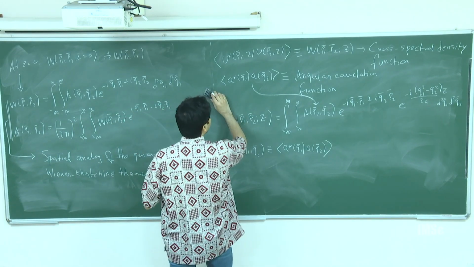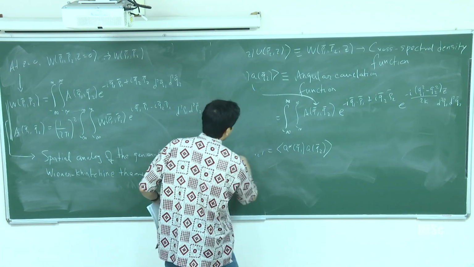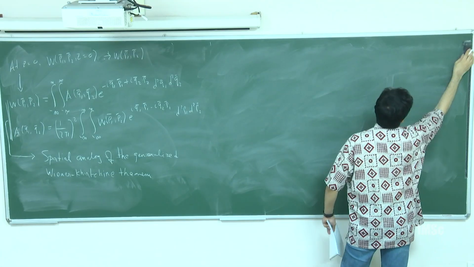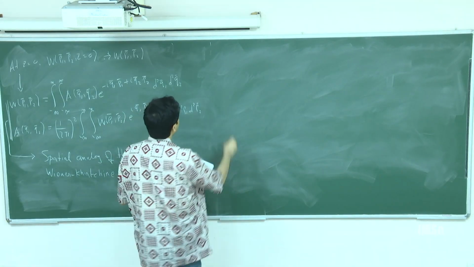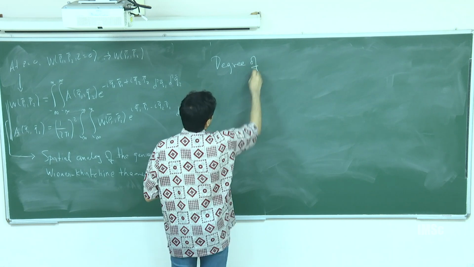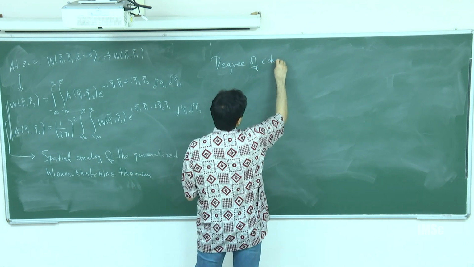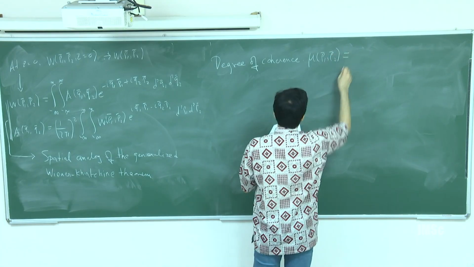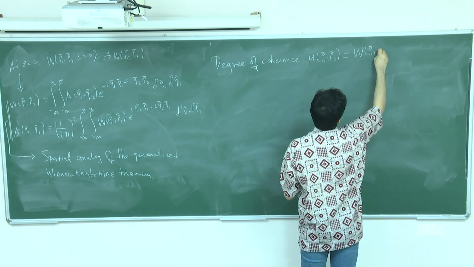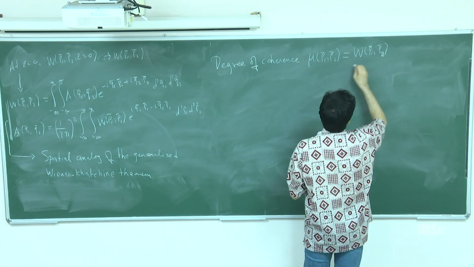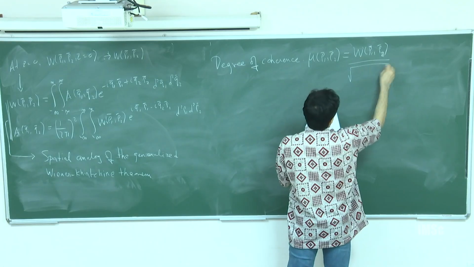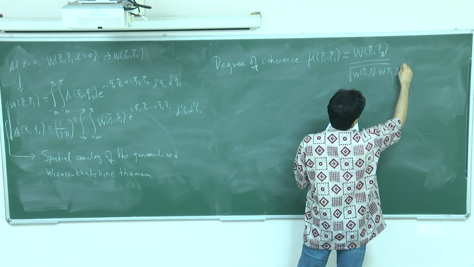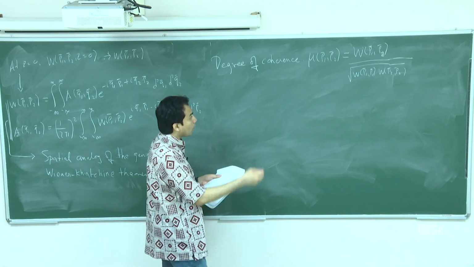So once again, we can define the degree of coherence. So this W of rho 1 is nothing but S of rho 1.